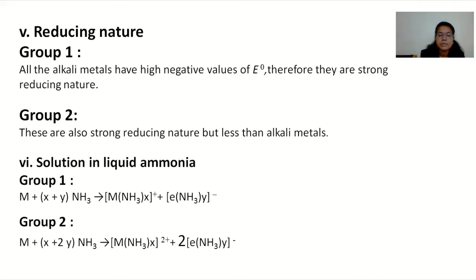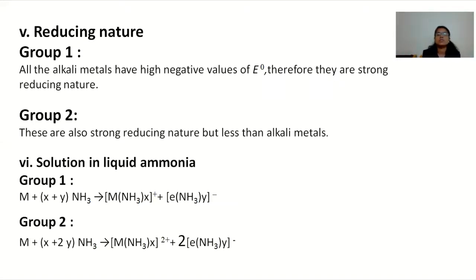All the alkali metals have high negative values of standard electrode potential, and that shows that they are strong reducing agents. While in group 2, all the alkaline earth metals have high negative values of standard reduction potential, so they are also strong reducing agents.